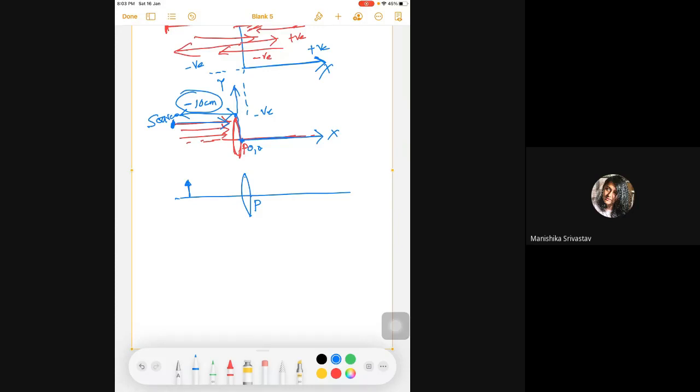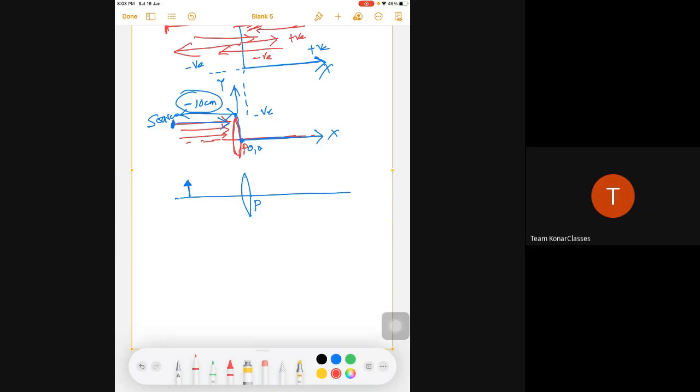To understand whether it is getting inverted or not, we put that arrow. You can put the arrow upside down or downside up, but put the arrow in only one direction to understand whether the image is inverted or in the same line.